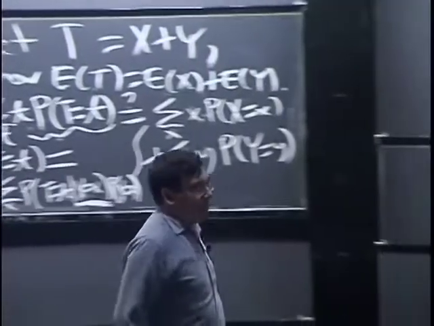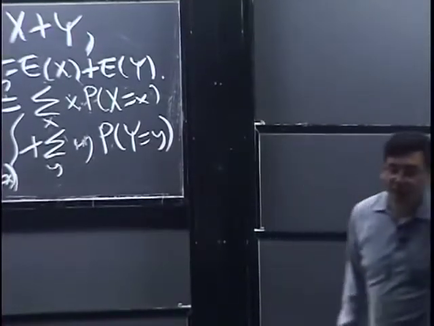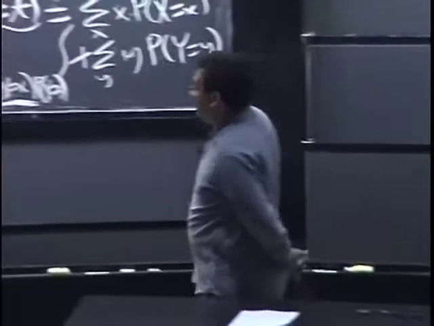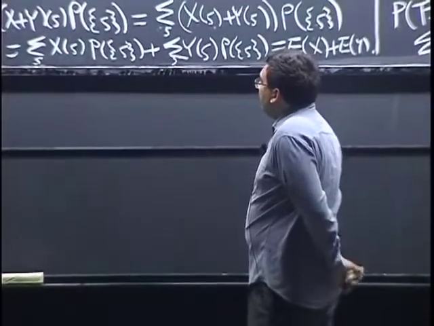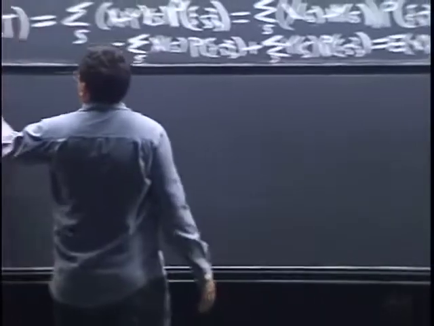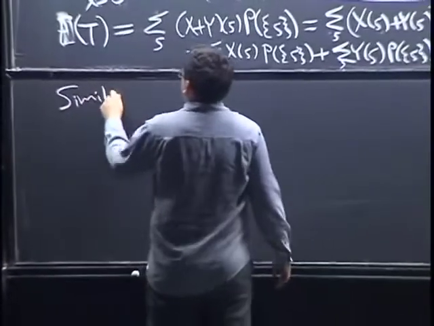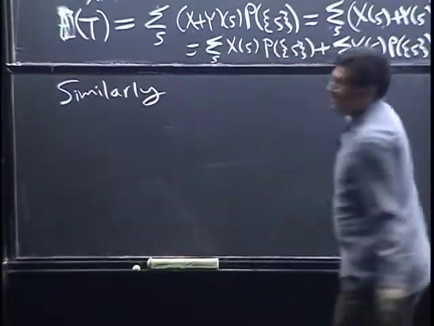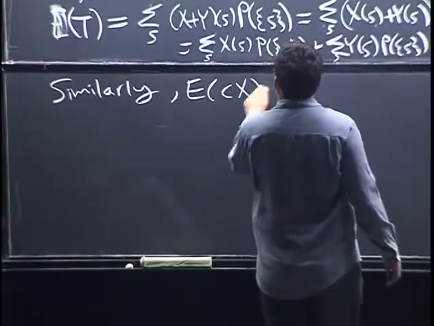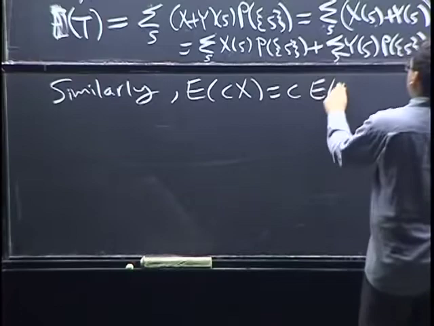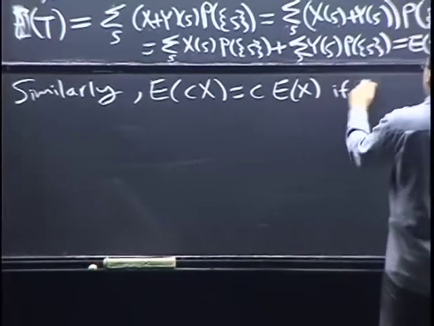Okay, well now I have a clear conscience about linearity. There was one other fact about linearity, which was that you can multiply by constants. So similarly, do the exact same thing, except it's even easier in this case. E(cx) equals c times E(x), if c is a constant.